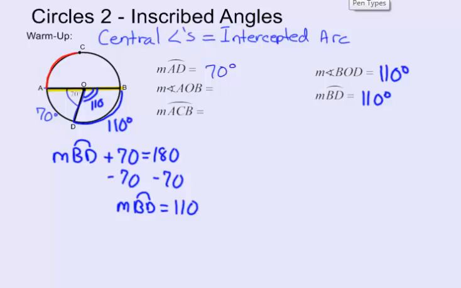Arc A starts at A through C to B. That's a semicircle. It's 180 degrees. And this is a straight angle as well, and so that will also be 180 degrees.